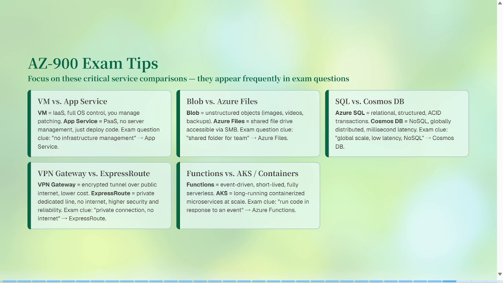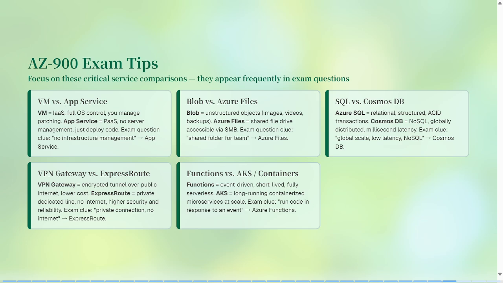Azure SQL versus Cosmos DB. Azure SQL Database is a relational database. It supports structured data and ACID transactions, making it ideal for financial and business applications. Azure Cosmos DB is a NoSQL database.